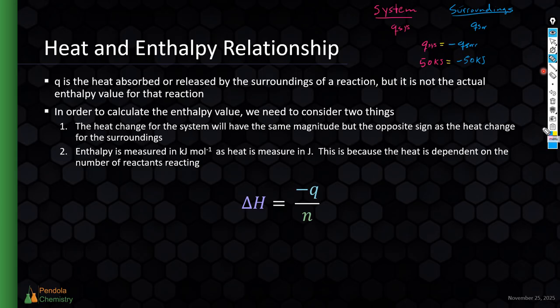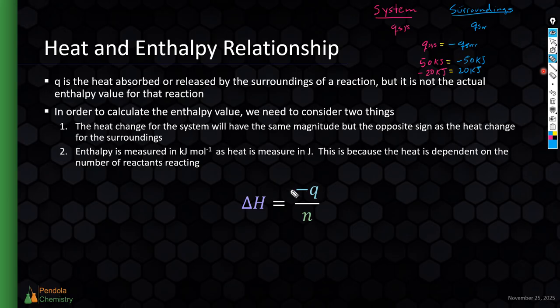If, let's say, the system has a negative 20 kilojoule Q, meaning that the system is releasing 20 kilojoules, where do those 20 kilojoules go? They are going to go to the surroundings. So the surroundings are going to absorb 20 kilojoules. So they have the exact same number but opposite signs.